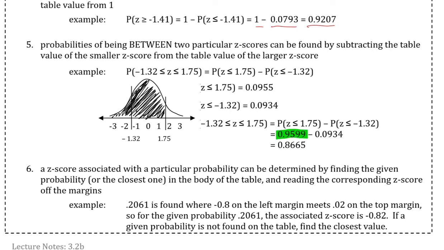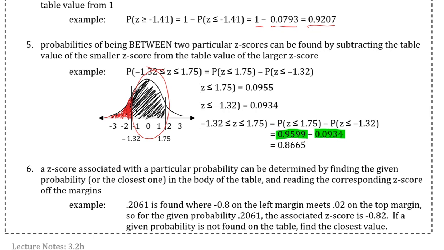And then I would subtract away this red shaded region, which is the probability to the left of negative 1.32, that being 0.0934. If I subtract that from 0.9599, what I will have left over is simply the area in between those two values, which is 0.8665.